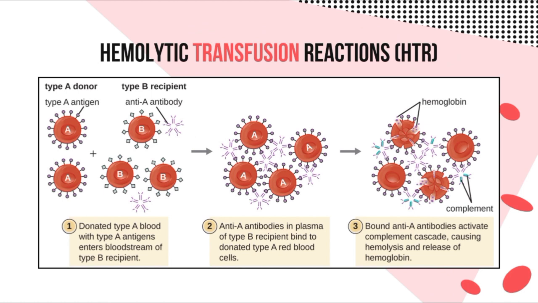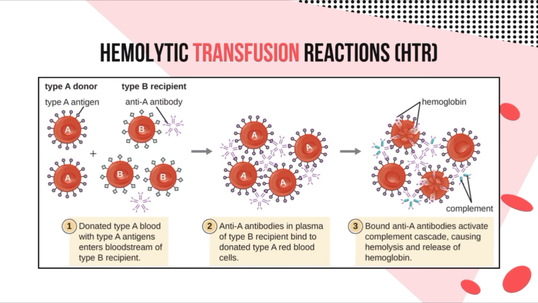In this example, the donor is type A and the recipient is type B. So the donated type A blood with type A antigens enters the bloodstream of the type B recipient, and then the anti-A antibodies in the plasma of the type B recipient bind to the donated type A red blood cells.